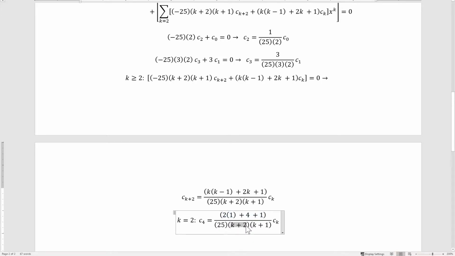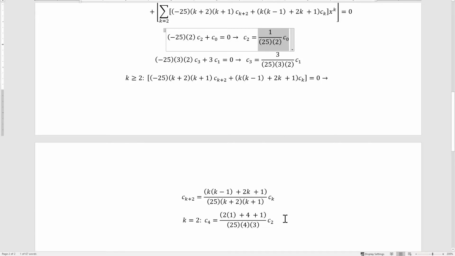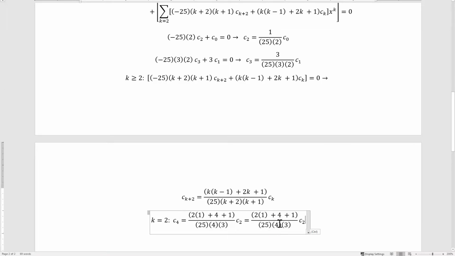This is 2. 2 plus 2 is 4. 2 plus 1 is 3. And then this is 2. So we got something in terms of c sub 2, which we'll replace with this. And so let's go ahead and do the replacement. Let me just copy and paste this and replace c sub 2 with this expression.